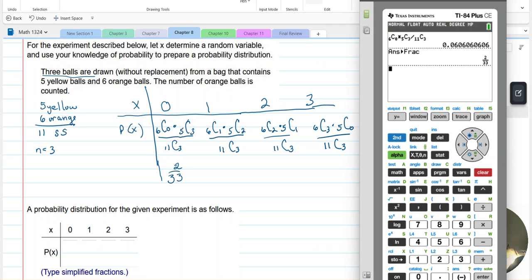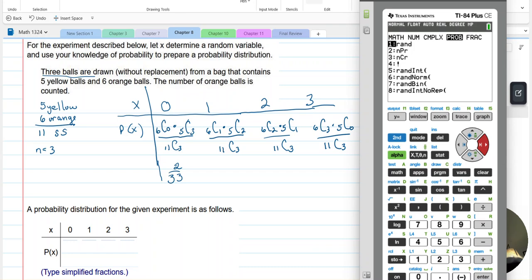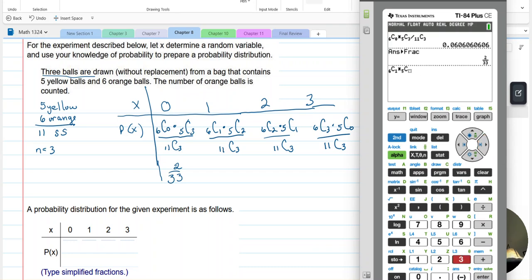It's okay, I'm going to do it anyway. 6, math, PROB, number 3, and I'm choosing 1, side arrow, times 5, math, PROB, choose 3, and I did 1, so that one's going to be a 2, side arrow, and division of 11, math, PROB, number 3, 3.